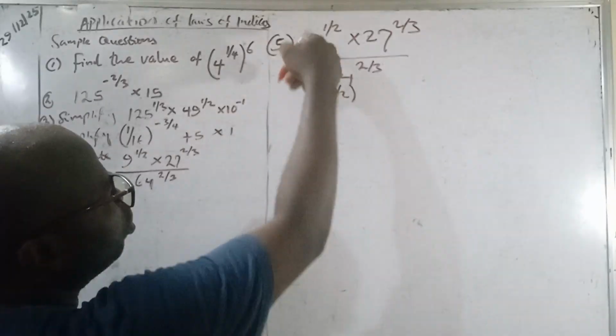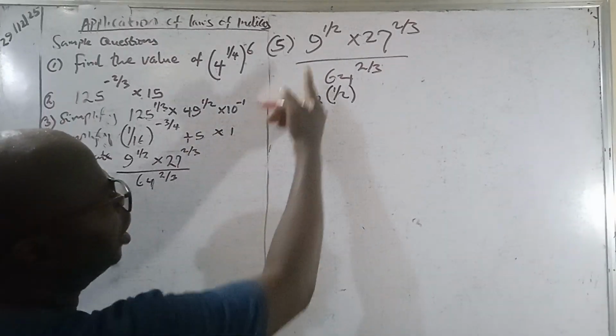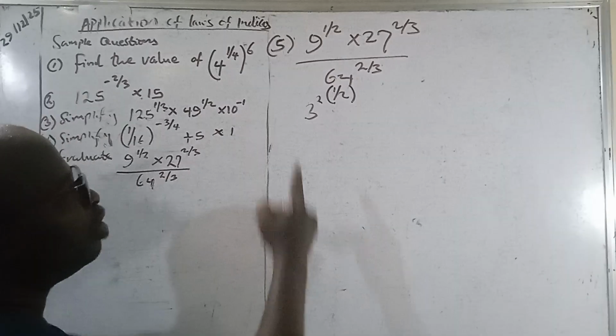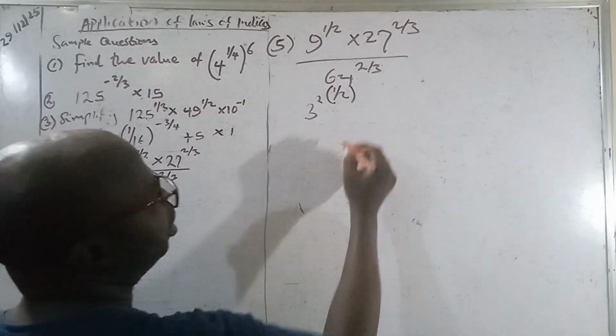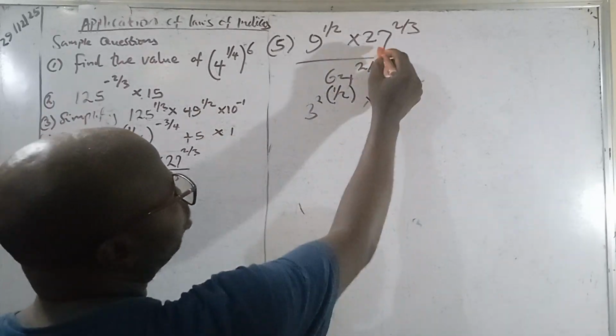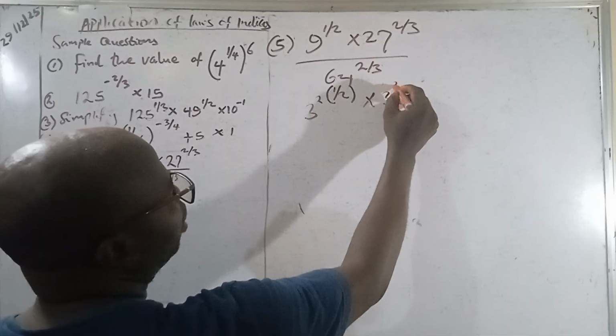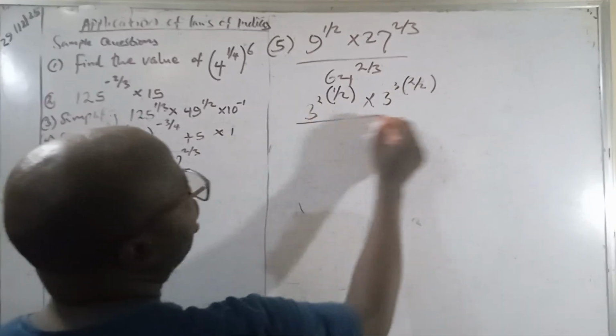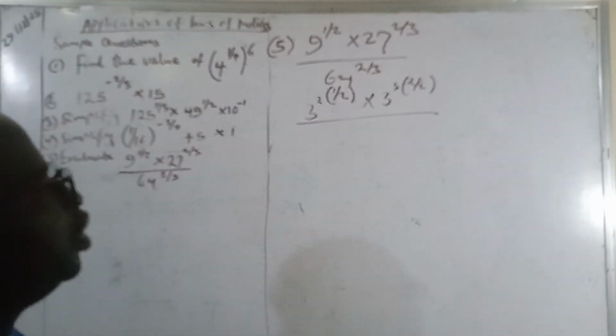So that means it's going to be root 9. Okay, but let's use this second method, this other method I've started with, because we have used the other one in previous example. So 27 again is 3 raised to power 3, then it becomes double power with 2 over 3, then everything over 64.